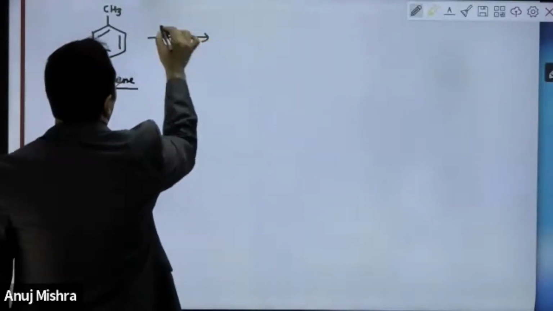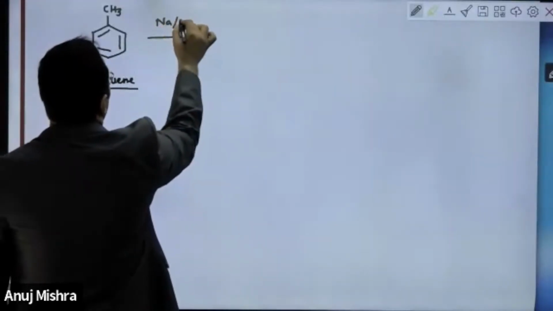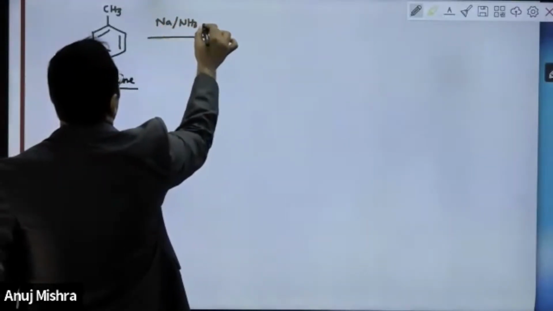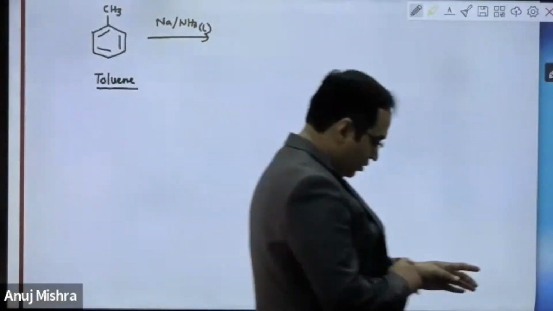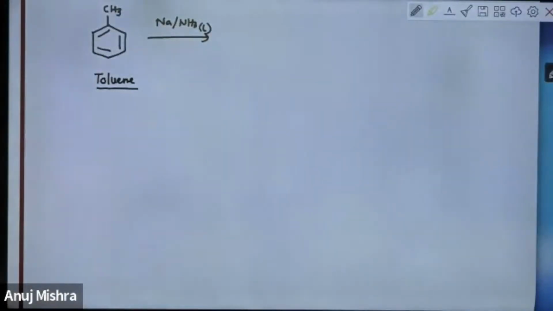And you are given this with sodium and liquid ammonia. Product आपको पता है? ये चाहिए मेरे को. कैसे बनेगा बताइए. Try. I will say hint is given earlier to you. Hint is anion and radical should not be close to each other. तो सोच के देखो कैसे करोगे, क्या करोगे.